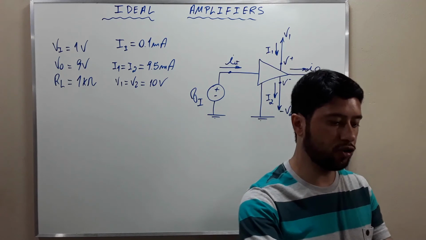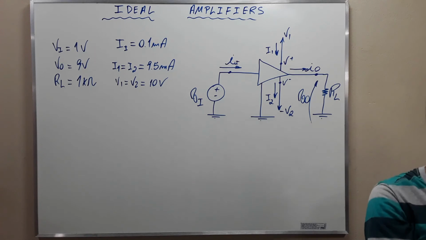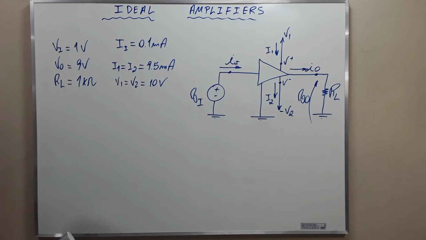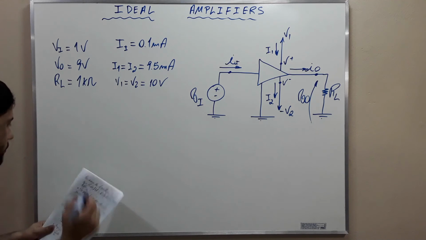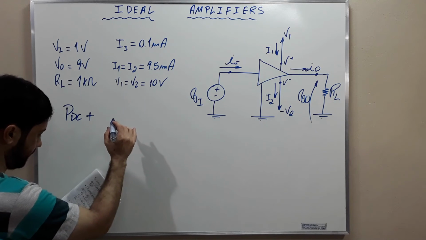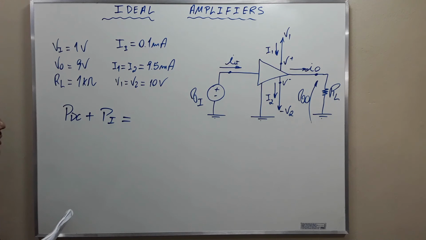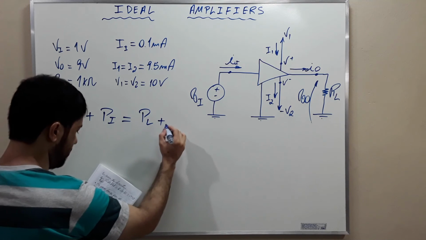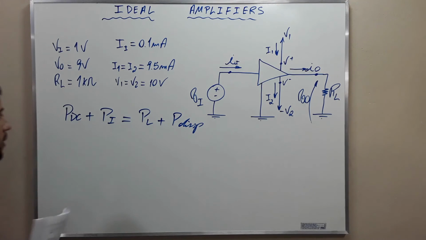Next, we are going to calculate the dissipated power. To calculate the dissipated power, we are going to use the equation PDC plus PI equal to PL plus P dissipated.